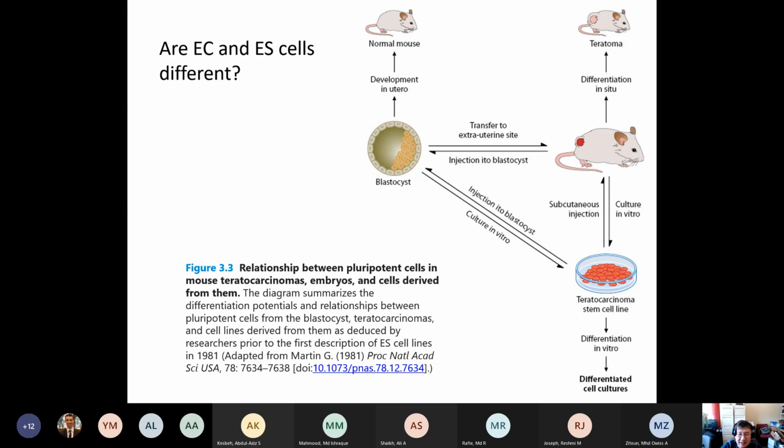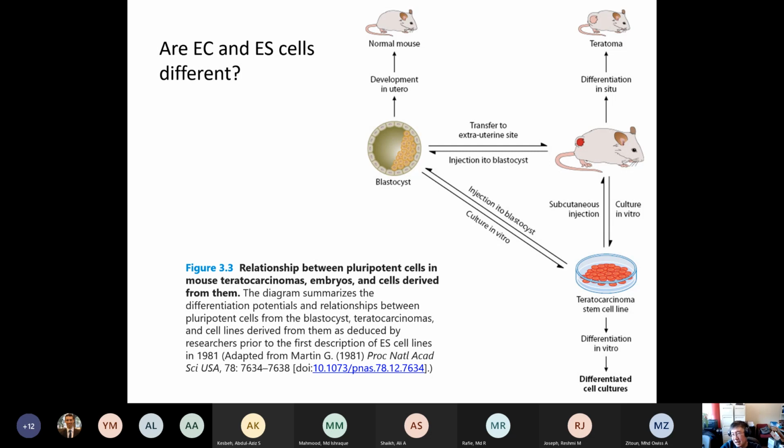So that's 60 years ago. And the culture condition and the supplements in the culture are very different from the culture condition we use to culture embryonic stem cells today. So maybe the morphology difference was because of the difference in culture condition.